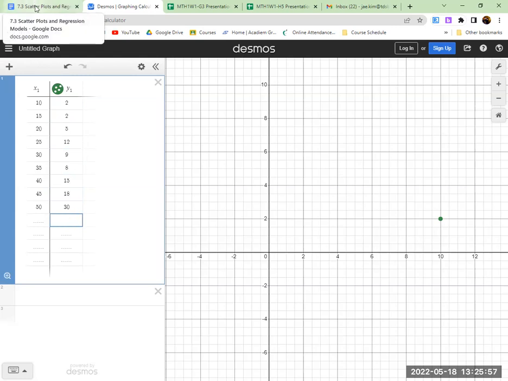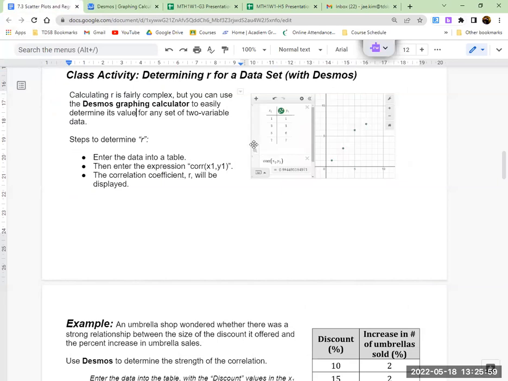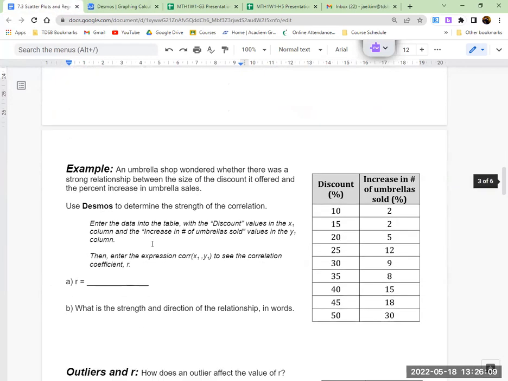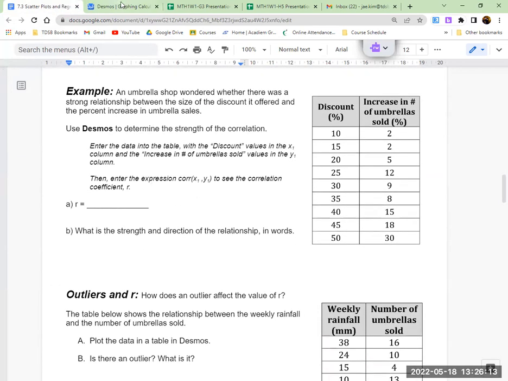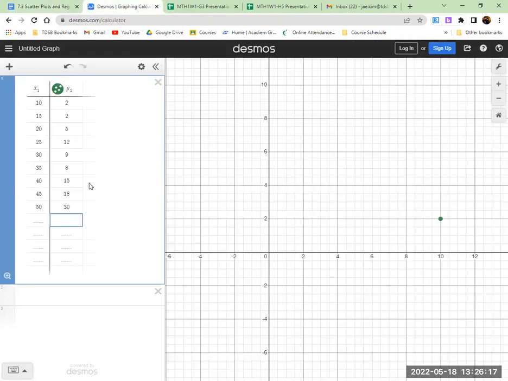Yep. Going back to the sheet, take a look. It says enter the table and then plug in the expression CORR X1, Y1, X1 comma Y1. Let's take a look. How is the technology solved?